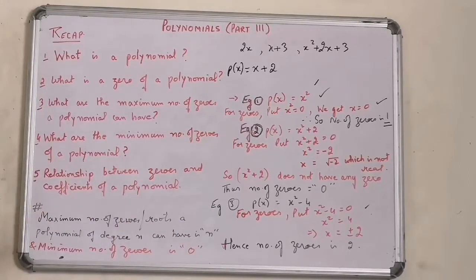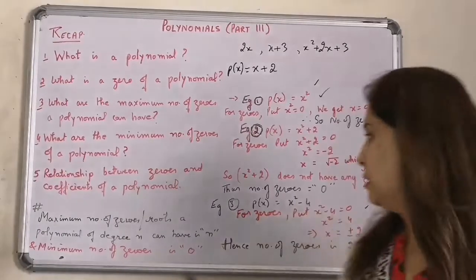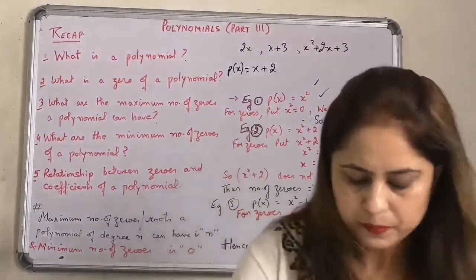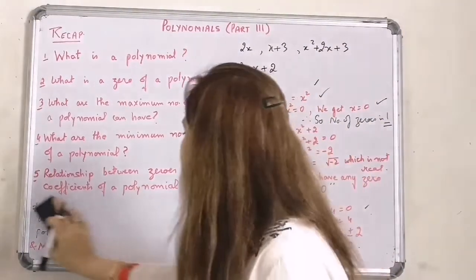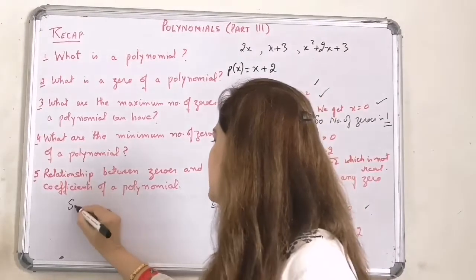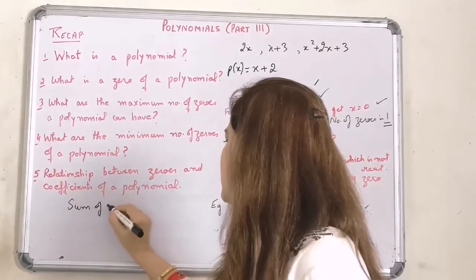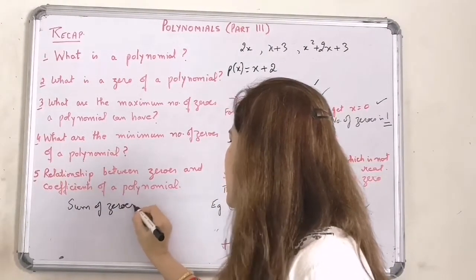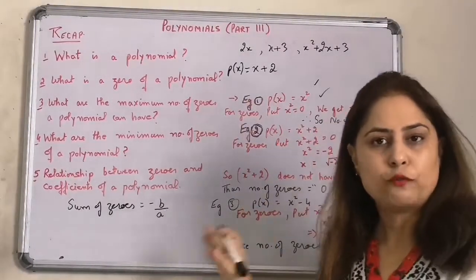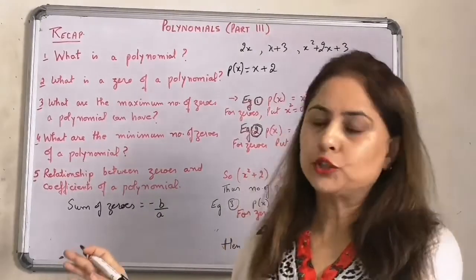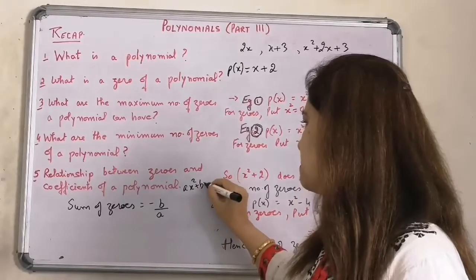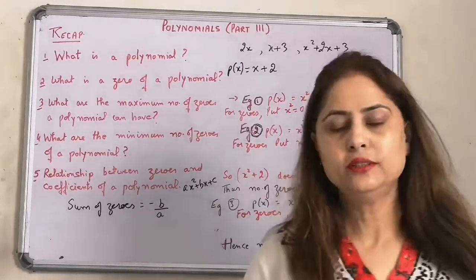After that, we also studied about the relationship between the zeros and the coefficients of the polynomial. If you remember, the two relations that we derived were: sum of the zeros is equal to minus b upon a, where b is the coefficient of x and a is the coefficient of x square, in the standard polynomial ax square plus bx plus c, which is quadratic in nature.